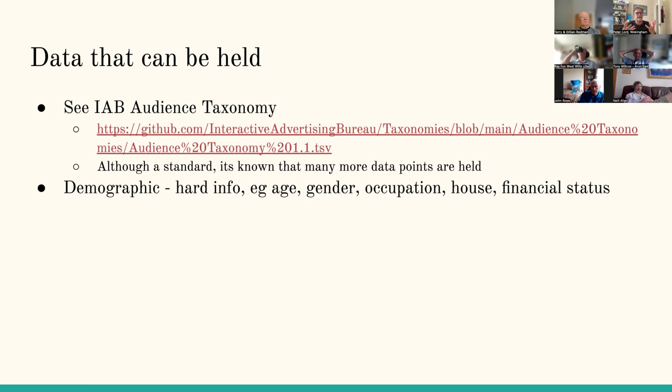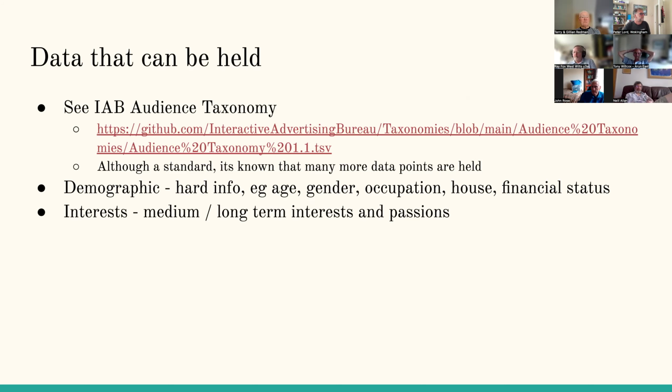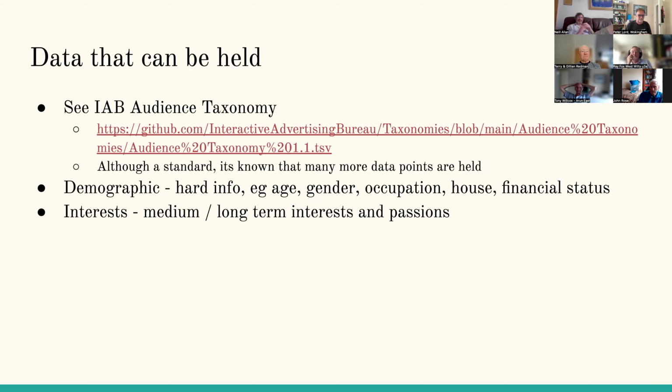So it'll know your age, your gender, occupation, your mortgage on your house, financial status, hard information which you can't really dispute. And then you've got the softer type things, which is called interests. And these are medium and long-term interests and passions and so on.